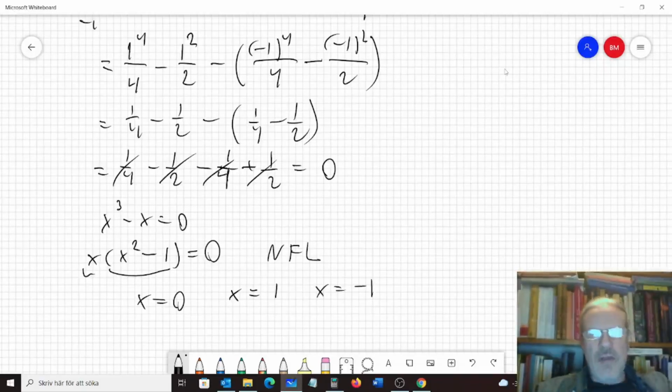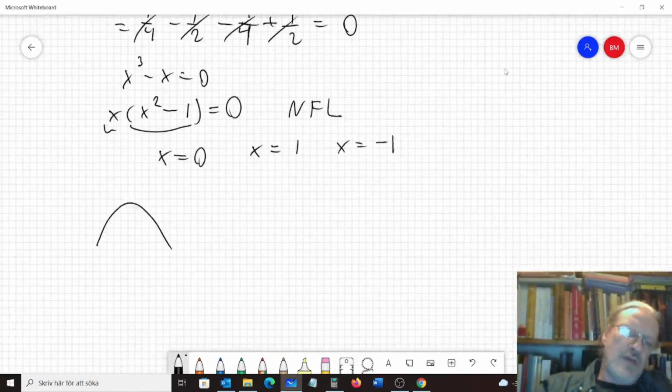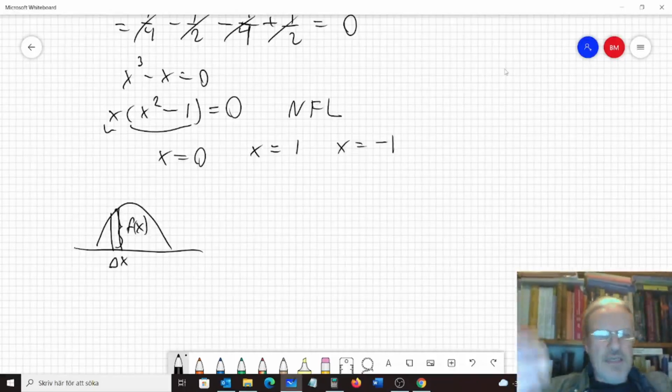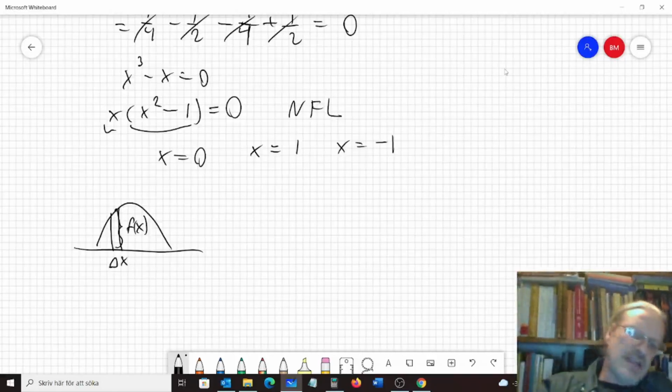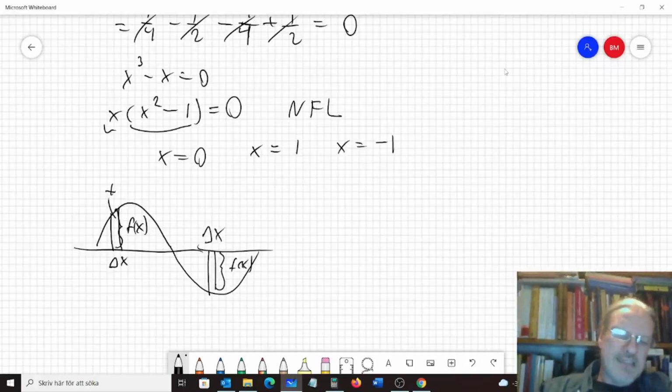So how come the area becomes 0? What happens here, if you remember, if you have some kind of function, and we found the area there by looking at the delta x times the height of this, that was f of x. And in this case, f of x is positive, so we find that this little area here is positive. But if the curve is down here, yet again, we have a width delta x, but now the function value is negative.